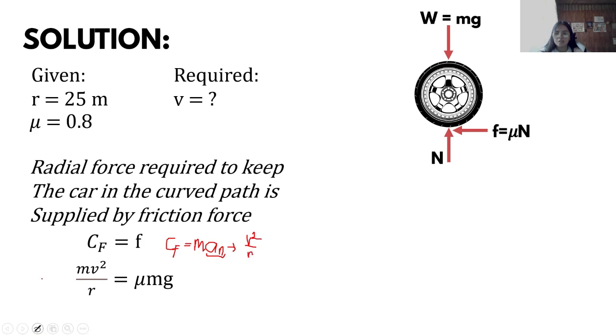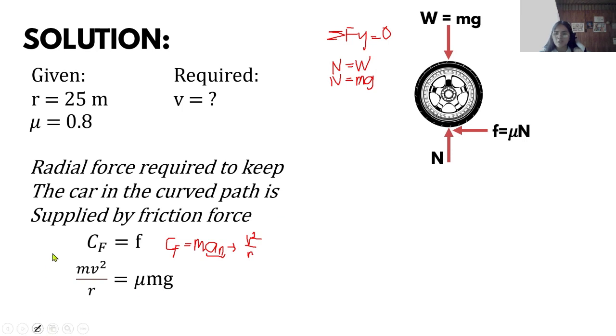Kaya siya merong m v squared over r, and then for friction force we have mu times m g, kasi kapag mag-summation of forces vertical tayo dito, we have n is equal to weight, or n is equal to mass times gravity.